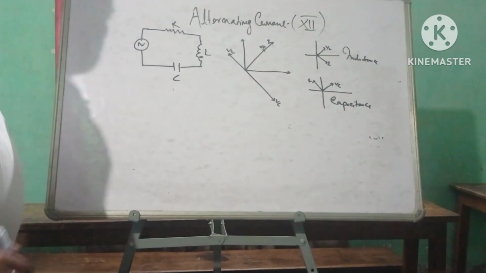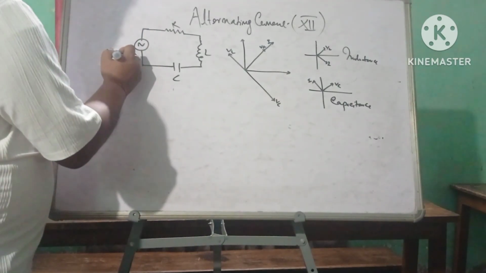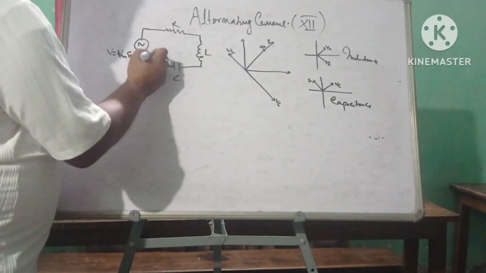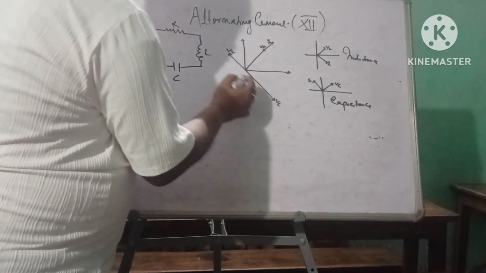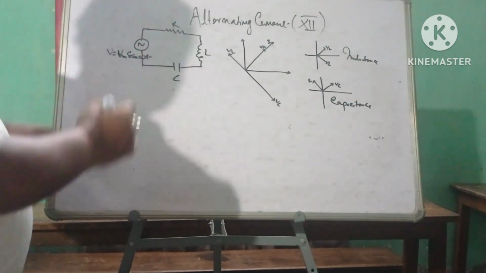Now this is your V is equal to Vm sine omega t. Now the question arises, why is the length of VC greater than VL? You must ask such questions about why they have drawn it like this.